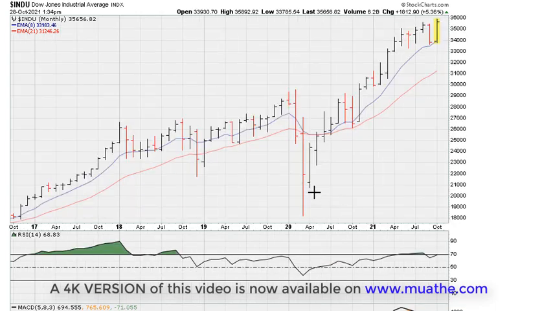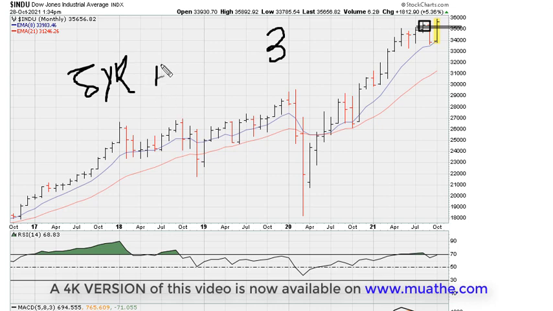The Dow is also breaking out. So let me give you that number. For the Dow, the breakout level on the monthly chart, this is a 5-year monthly chart, is 35,360.73.